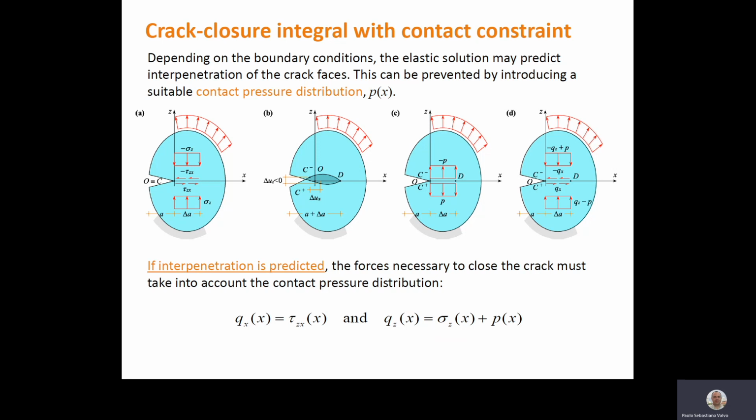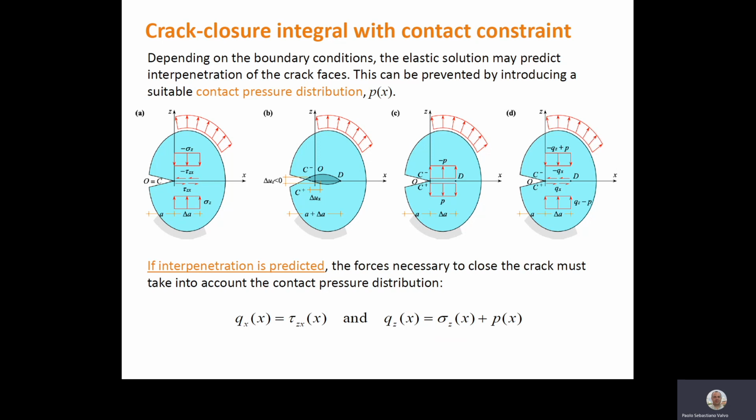In this case, we have an overlapping of the crack faces, which may be prevented by introducing a suitable distribution of contact pressure P, as shown in figure C.